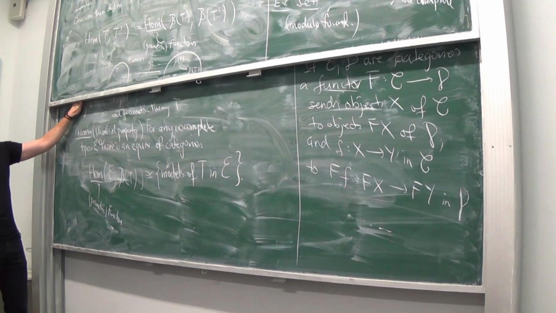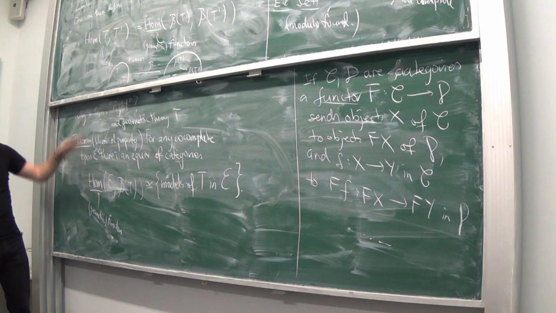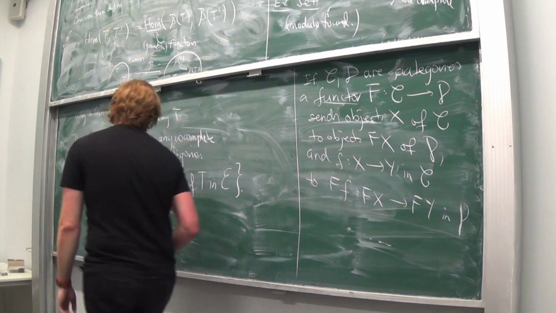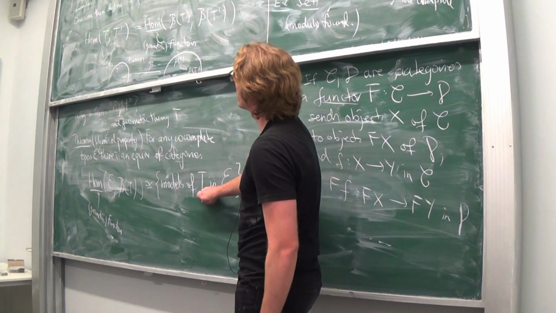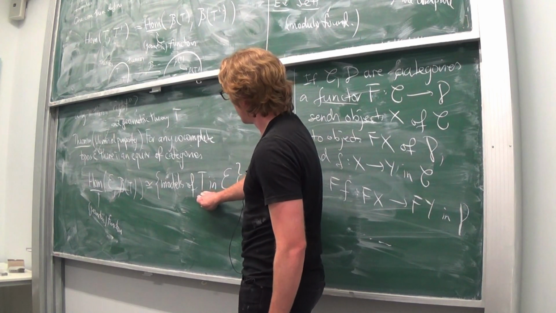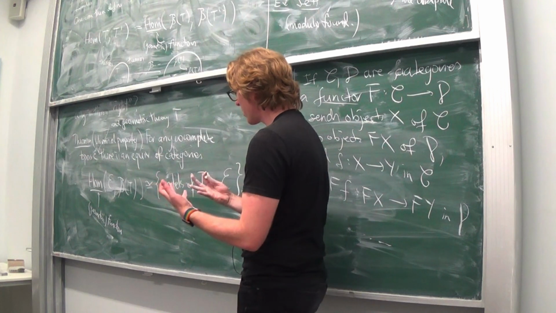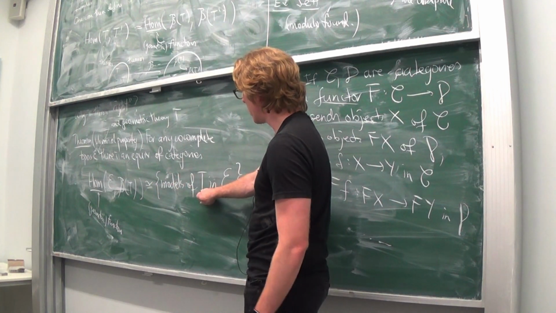Okay, and what is a model of T in E? Right, so I've got my theory, so you could think abelian groups, right? So the theory sets out some objects, some operations, and some laws.